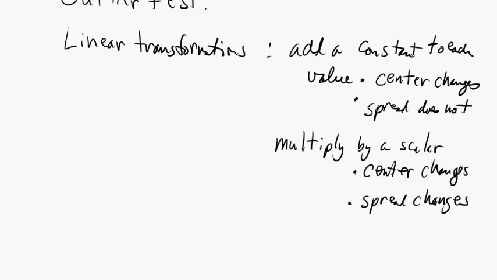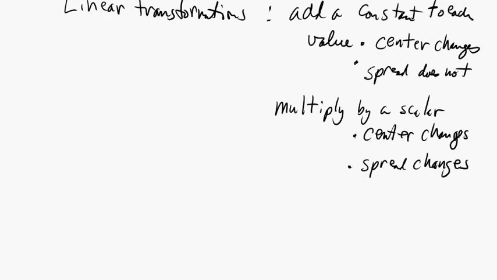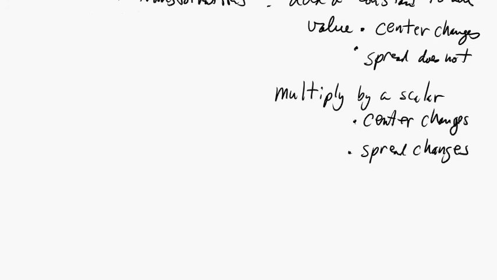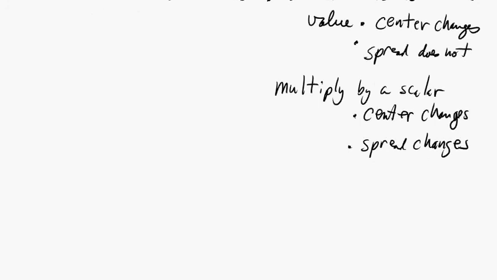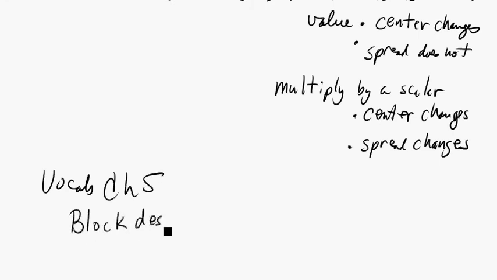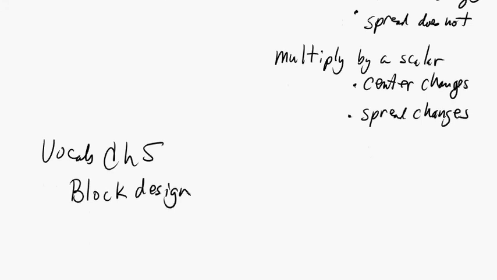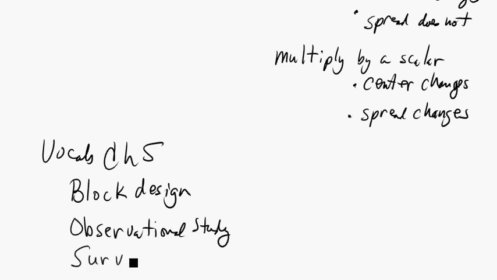Okay, words that you need to go back and make sure you're familiar with from chapter 5 stuff and from handouts from class are block design, observational study, what's a survey?